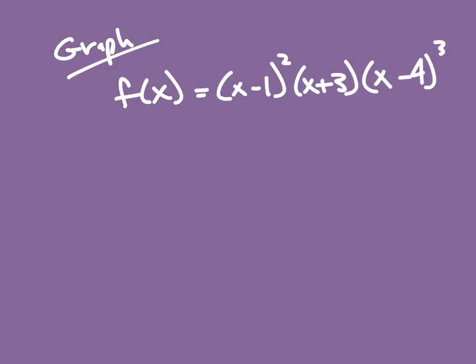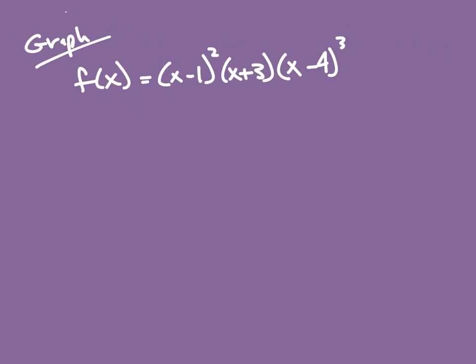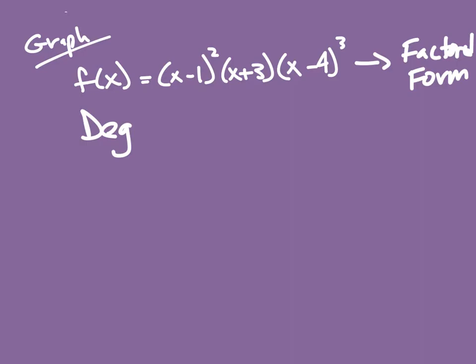This function is in factored form, and I wanted to have it in factored form for you guys to see how all of this works. The first thing I want to do is determine the degree of my polynomial.